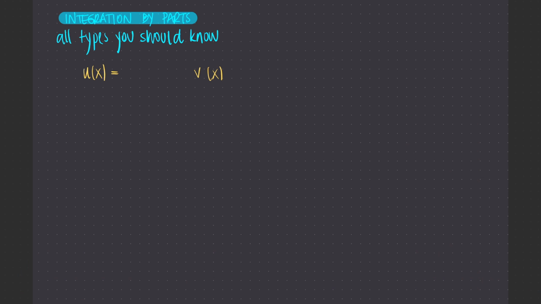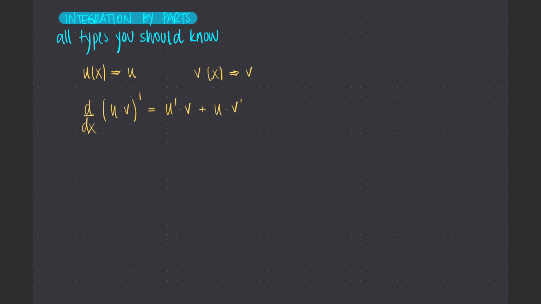We're going to represent these functions only as u and v, and we're going to differentiate the product of these 2 functions. So what is the derivative of u times v? Using the product rule, we have the derivative of the first one times the second one plus the first one times the derivative of the second one. And of course, you can write the left-hand side as (uv)' as well.